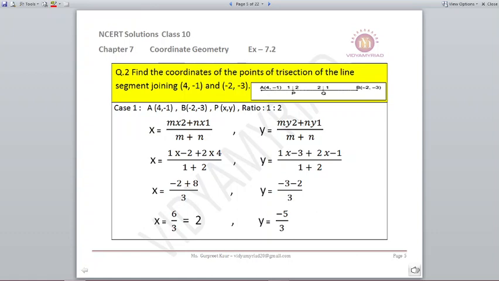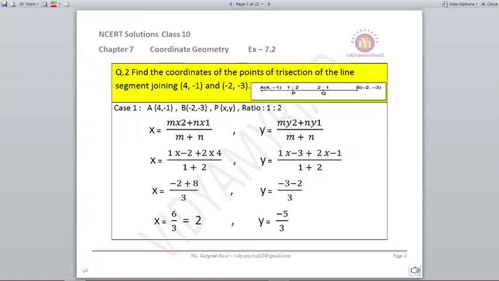So that is 1 plus 2. For the y coordinate, it will become 1 multiplied by -3 plus 2 multiplied by -1 upon 1 plus 2. On solving this expression, we get x as 2 and y as -5/3. So 2, -5/3 are the coordinates of P.